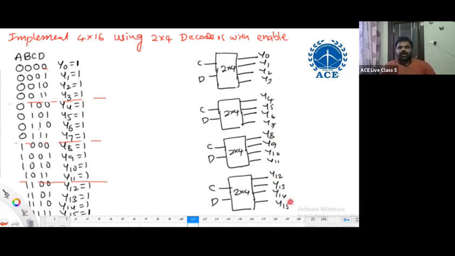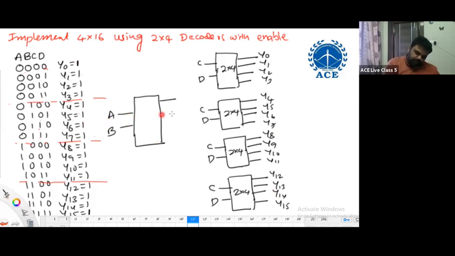But for AB 00 the first decoder must be enabled, for AB 01 the second decoder must be enabled, for AB 10 the third, and for AB 11 the fourth. So here it is AB. Here we have 4 outputs, and this is also a 2 to 4 decoder with enable.